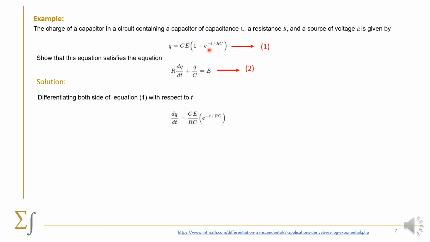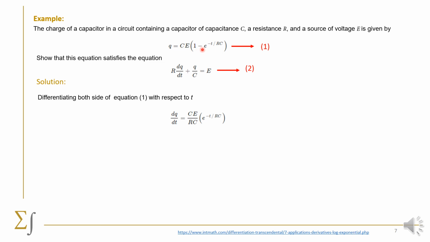Again, we have an exponential function. The derivative will be the same exponential function times the derivative of what's in the exponent. The derivative of the exponent is minus 1 over RC, and we have a minus sign. Minus times minus will be positive.